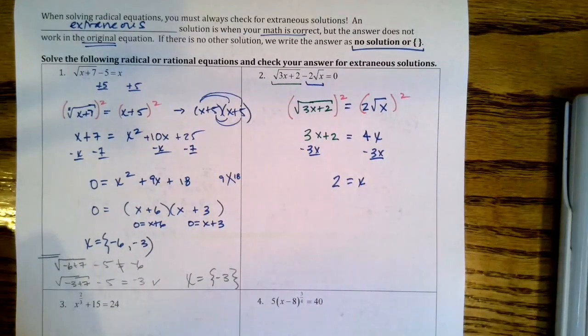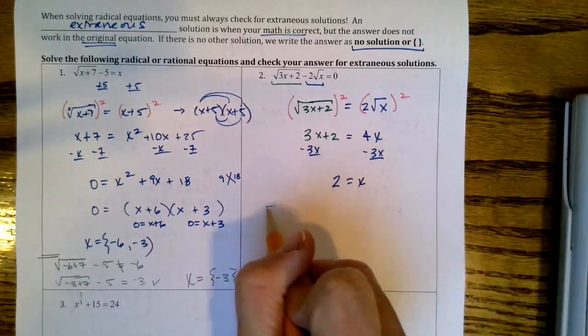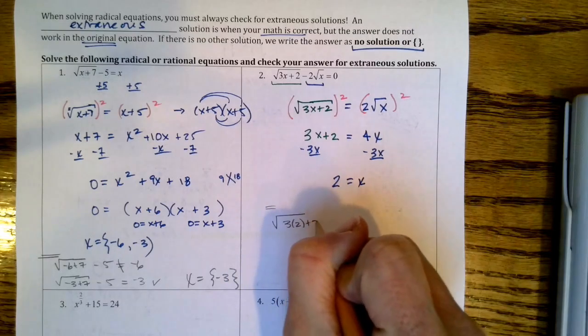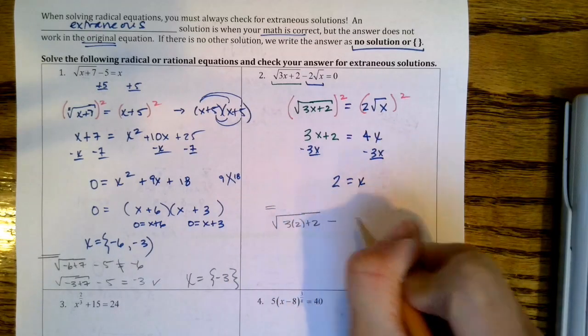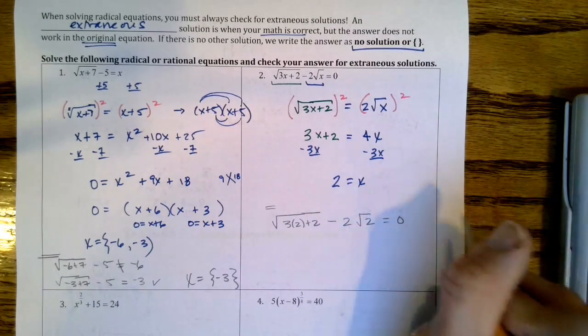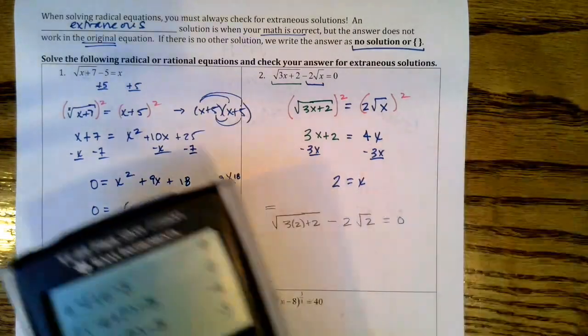Now I'm going to go ahead and do my check by plugging it back in. Does the square root of 3 times 2 plus 2 minus 2 times the square root of 2 equal 0? Let's go ahead and check it out.